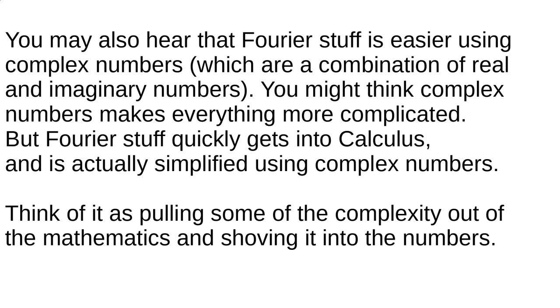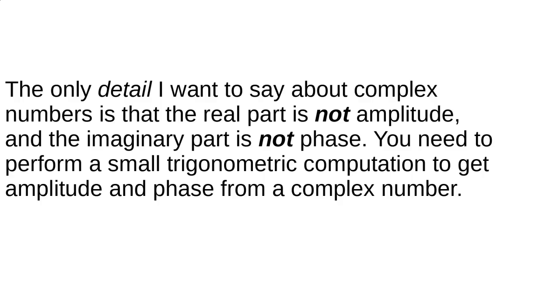Think of it as pulling some of the complexity out of the mathematics and shoving it into the numbers. The only detail I want to say about complex numbers is that the real part is not amplitude, and the imaginary part is not phase. You need to perform a small trigonometric computation to get amplitude and phase from a complex number.